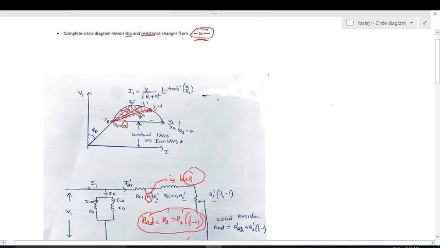So look at this one. This is nothing but IBR, the block rotor current, and net resistance is equal to R2 dash.